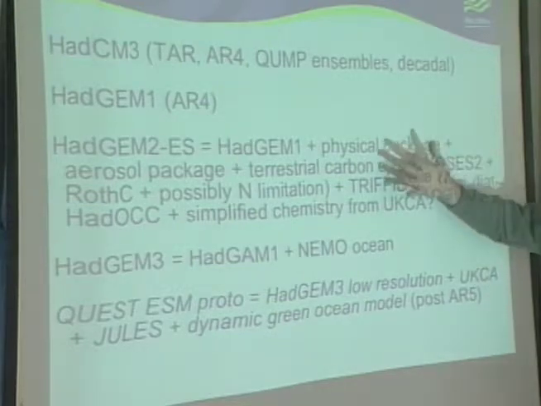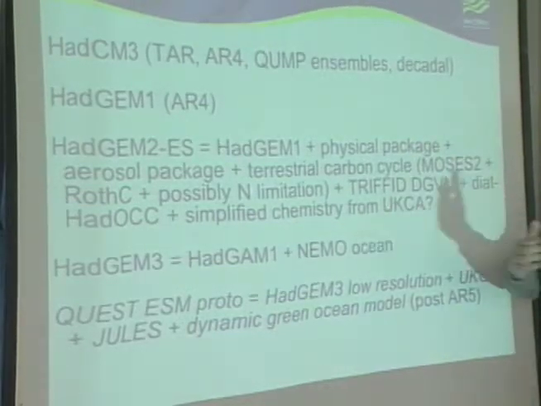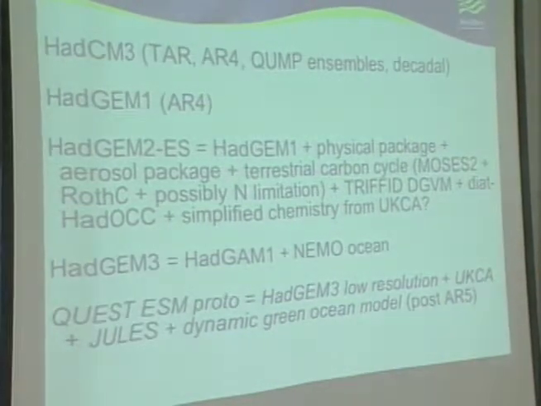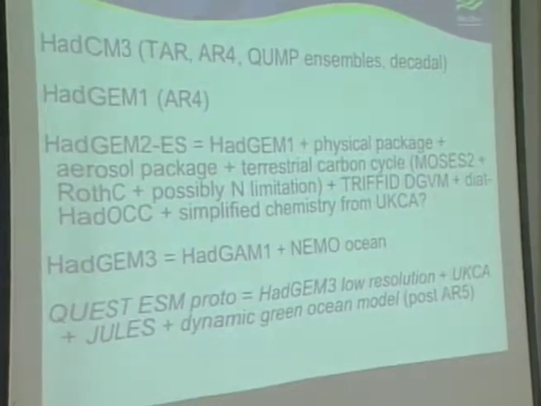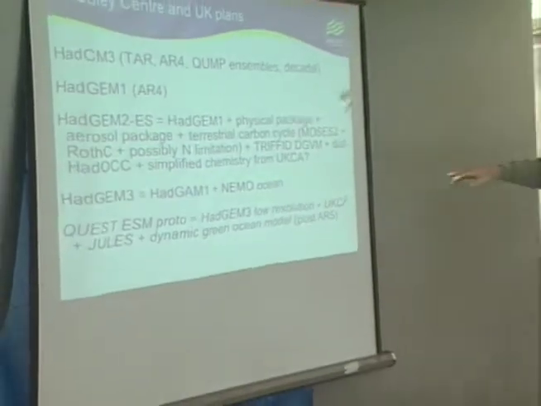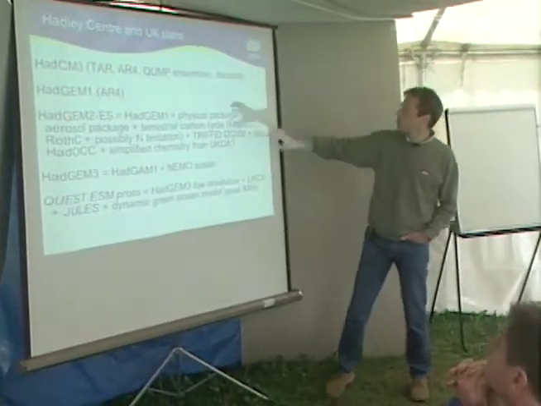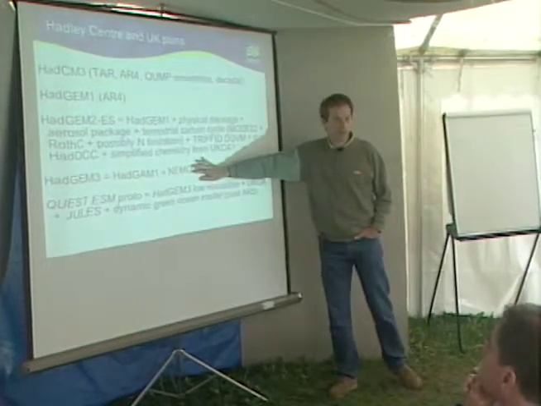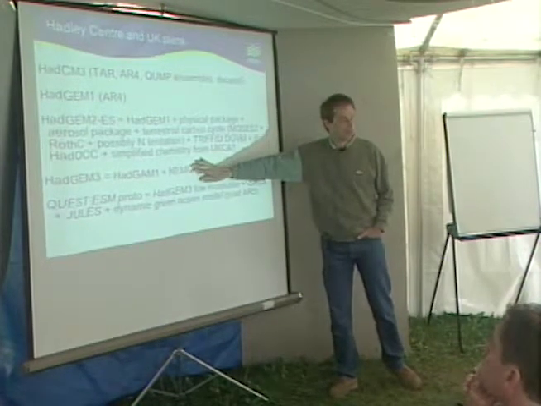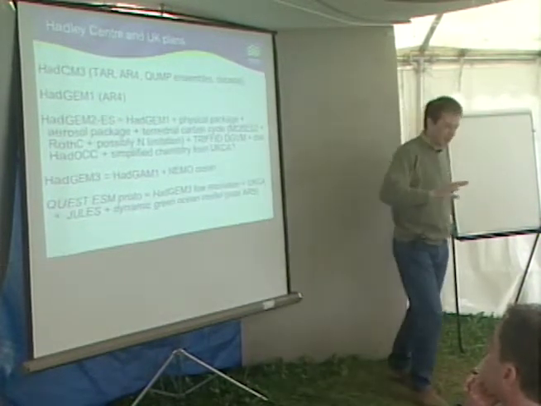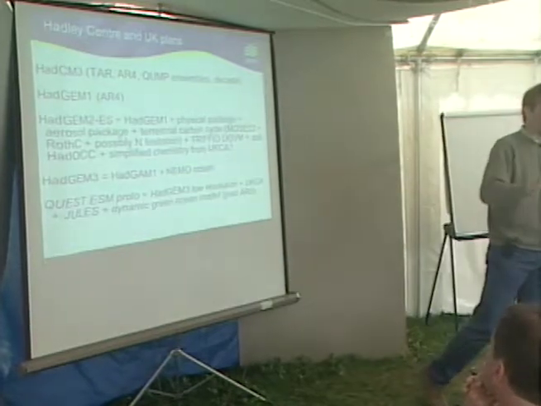In parallel to that, we're working on HadGEM3, which is pretty much the same atmosphere model as HadGEM1, so HadGAM. A stands for atmosphere here. So it's HadGAM1 plus this physical package, but a new ocean model, which is a NEMO ocean model, and that's becoming a community ocean model in Europe.